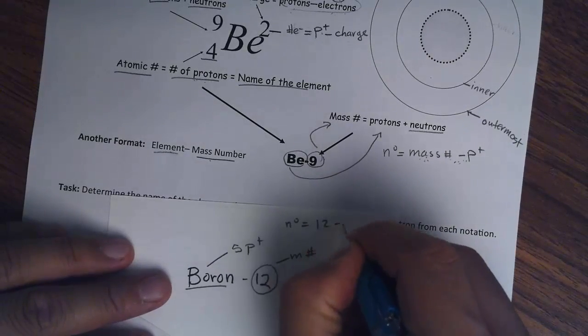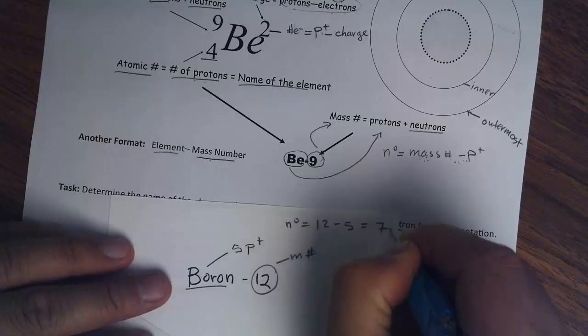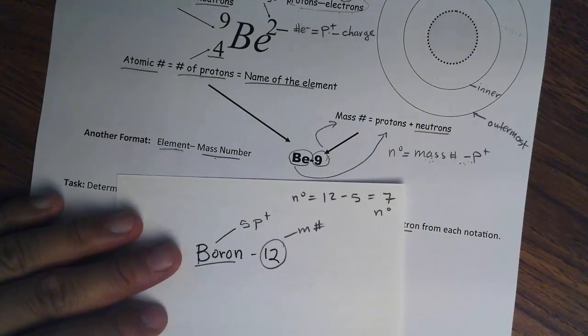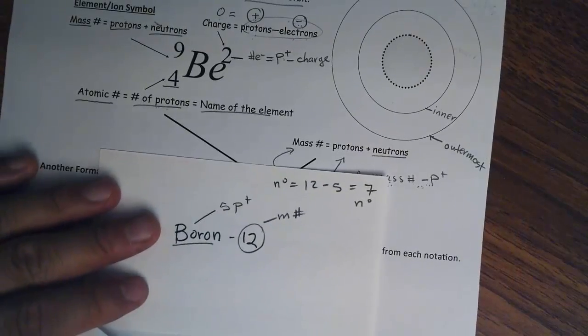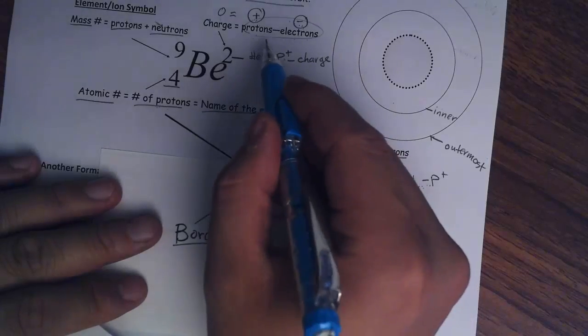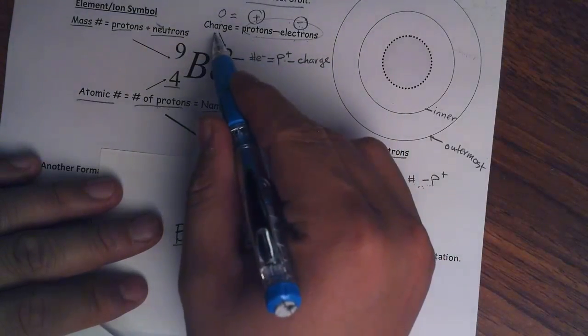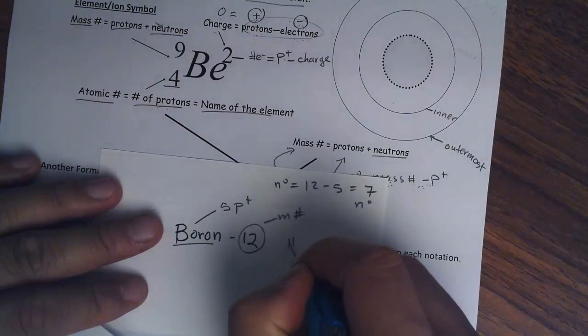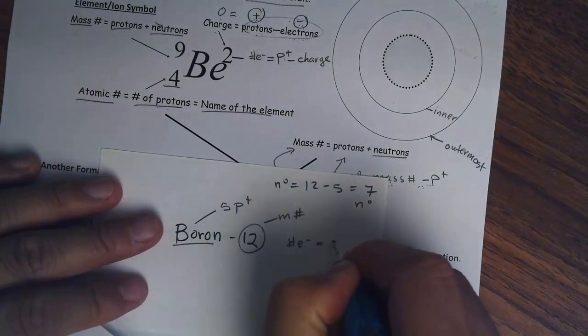So 12 minus 5 gives us 7 neutrons. And what about the number of electrons? Again, we don't have a charge, so we assume it's 0. The only way that's possible for the charge to be 0 is that the protons equal the number of electrons. So therefore, your number of electrons must equal 5 as well.